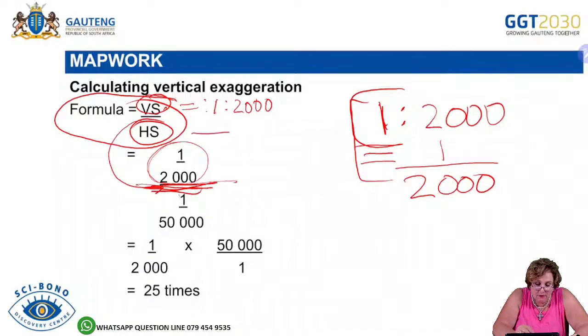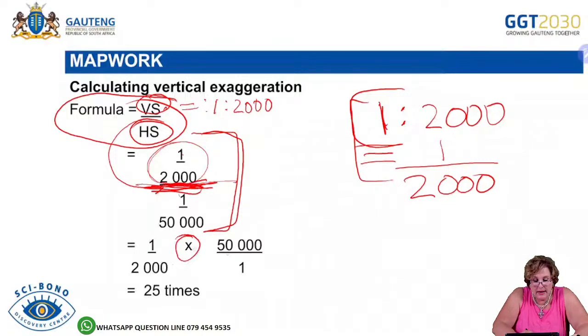So now if you go back to basic mathematics, we are going to do the following. Remember, the opposite of divide is multiply. So I keep 1 over 2,000 and multiply by 50,000 over 1. So 1 times 50,000 equals 50,000, and 2,000 times 1 is 2,000.